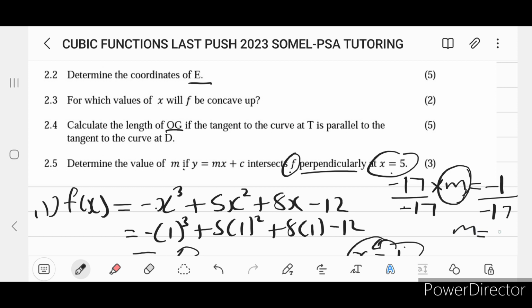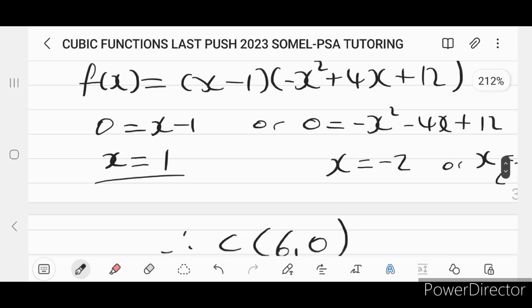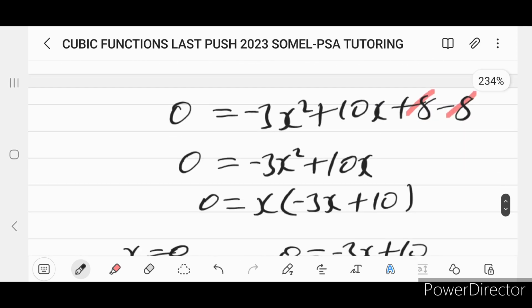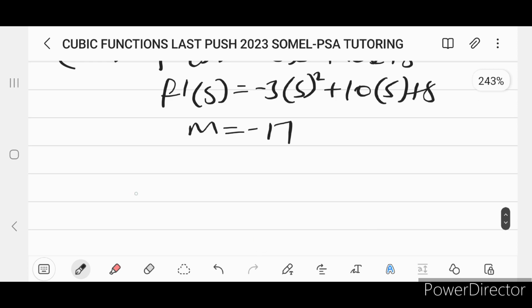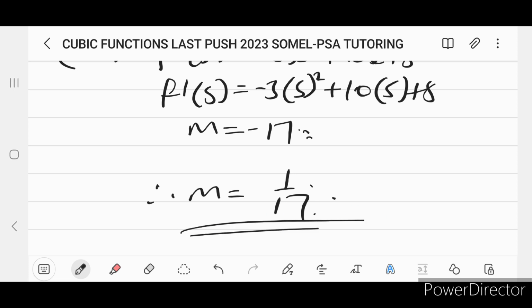So the gradient is going to be 1 over 17, because 1 over 17 times negative 17 gives you minus 1. So therefore m equals minus 1 over 17. Remember, for gradients to be perpendicular, when you multiply them, they must give you minus 1. So the answer is this one. All right.